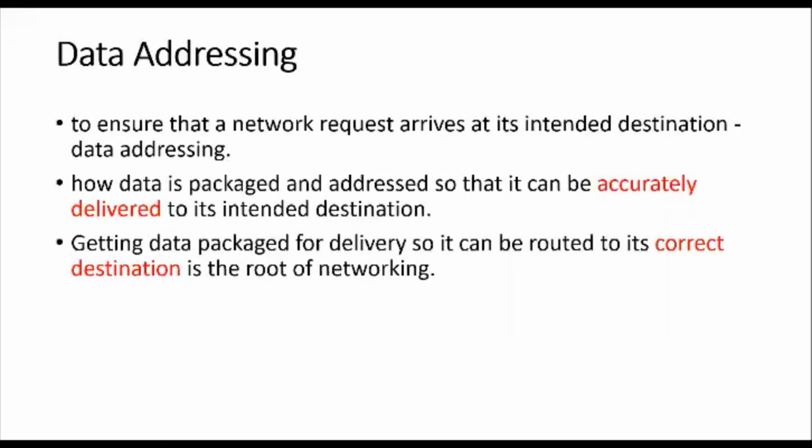There are lots of devices that simultaneously work together to forward or process the data to the correct destination device. This data addressing is referred to by different networking devices to forward the data to the correct destination.